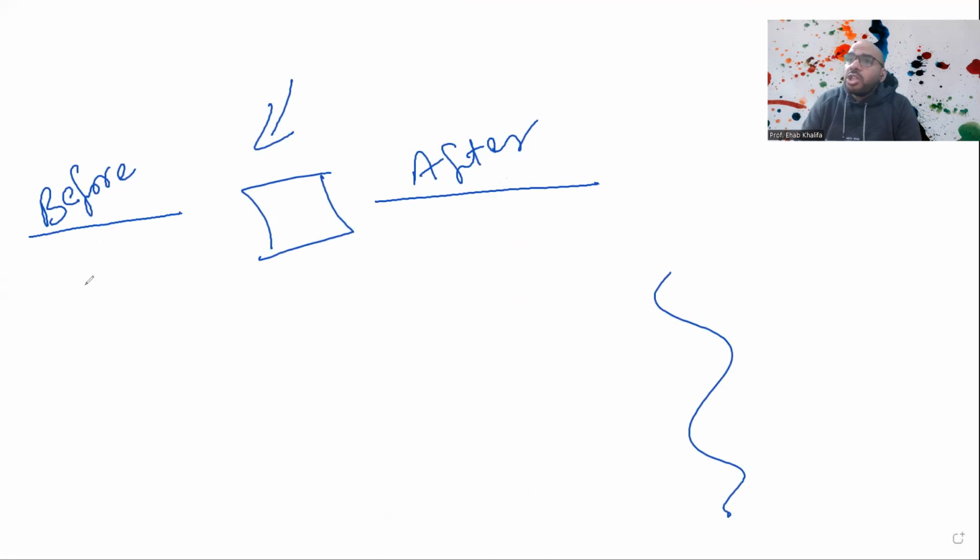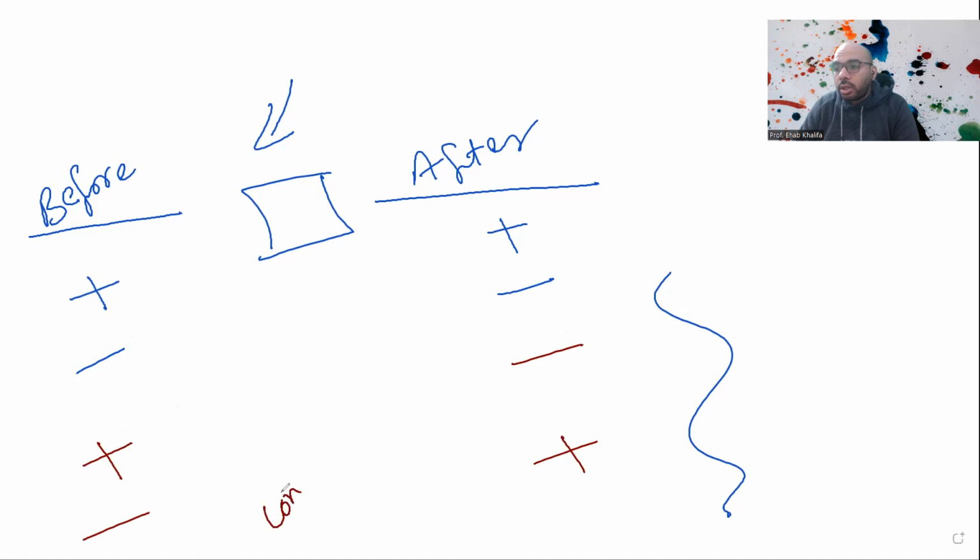So the relationship can be like that. What comes before is positive, what comes after is positive. What comes before is negative, what comes after is negative. What comes before is positive, what comes after is negative. What comes before is negative, what comes after is positive. Well, when I have contradiction, then I need a contradictor.